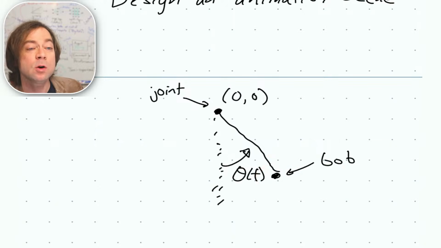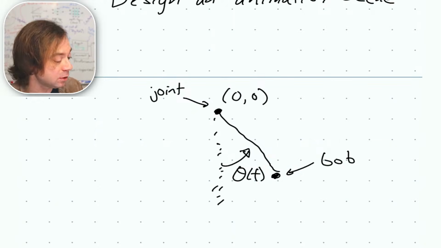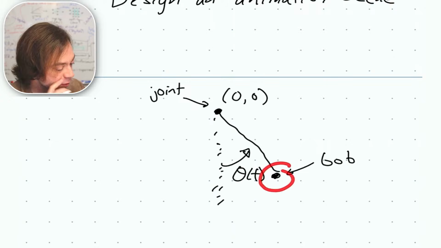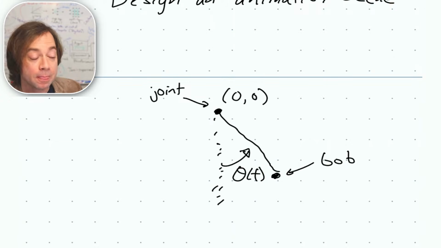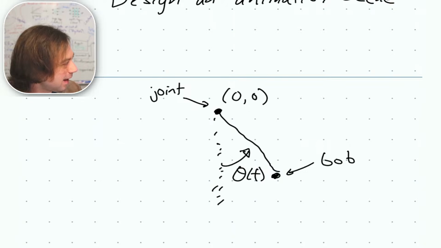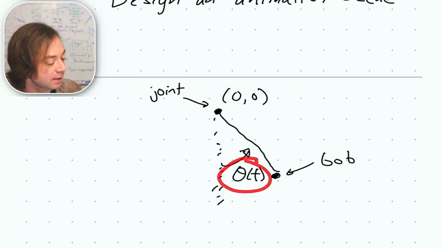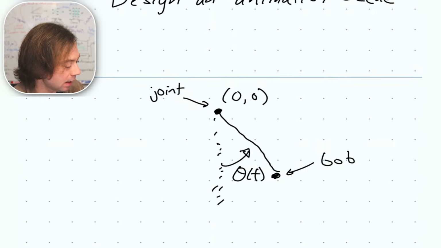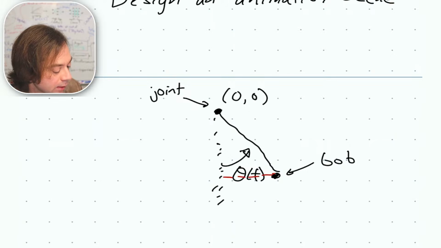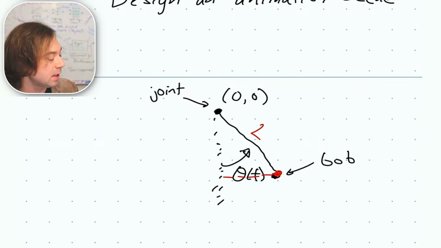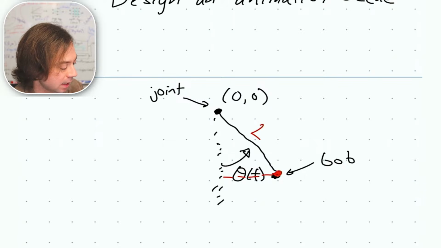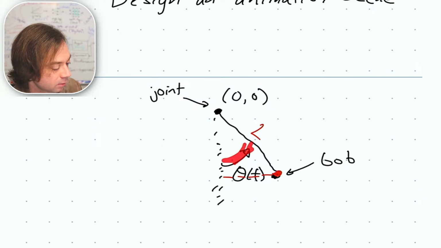So in order to plot that line, all we have to do is know what these 2 points are, right? This one, I'm saying the hinge is at 0, 0. This one, I'm saying the bob is where? Well, it depends upon our angle theta. So to figure out where that line is, we're just going to do a little trigonometry, knowing that the length of the pendulum is L, and this is the angle here theta, right?